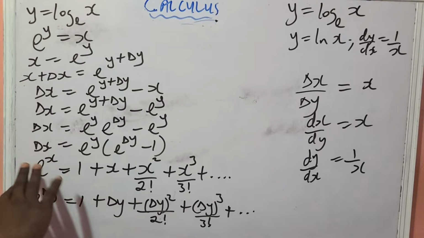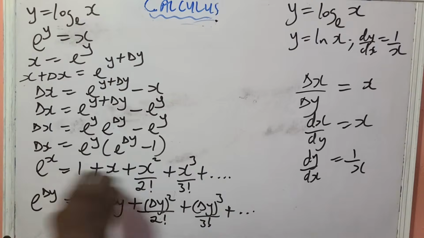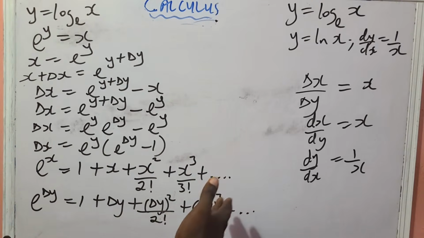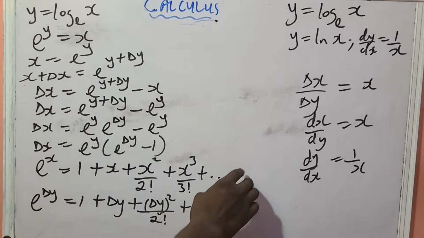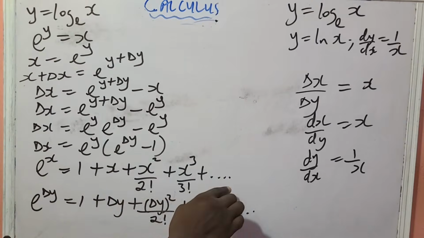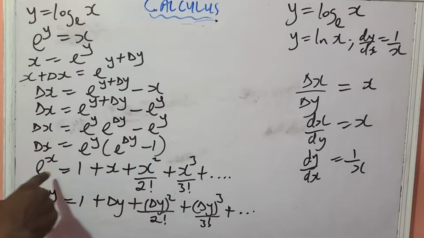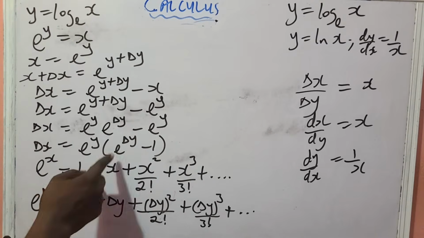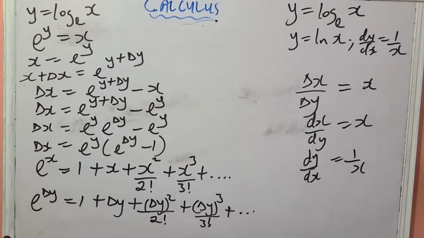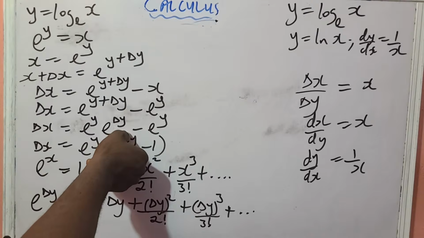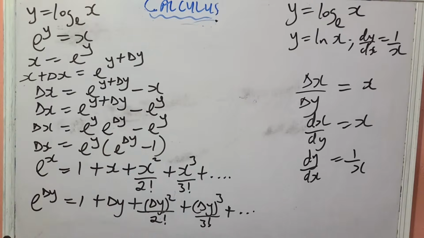So look, this is Taylor's series expansion, what I wrote here. This is not something you need to understand, just get this known. When you have e raised to power x, it is equivalent to this by using Taylor's series. So e raised to power change in y will be this, obviously. So you want to put all this now into this place. All right. That's what you want to do.